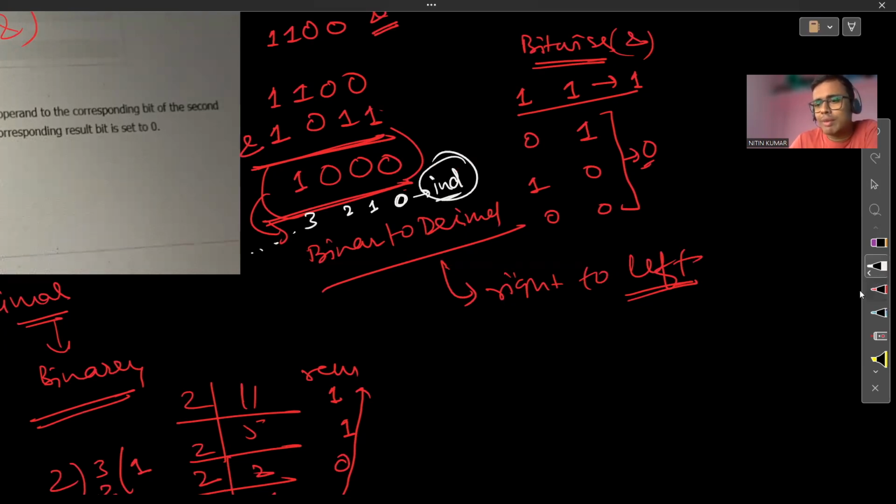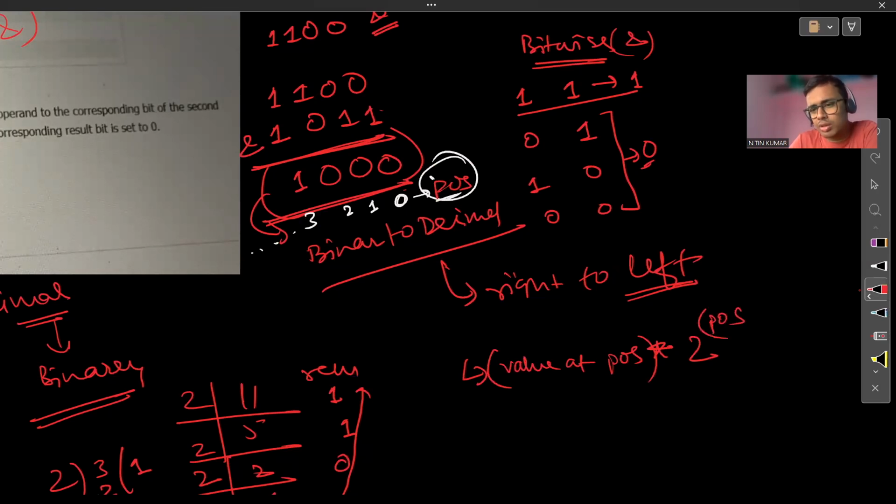Now the formula is: the value at that position multiplied by 2 to the power of the position. I hope you understood. So for getting this value, this is currently the 0th index and the value is 0.